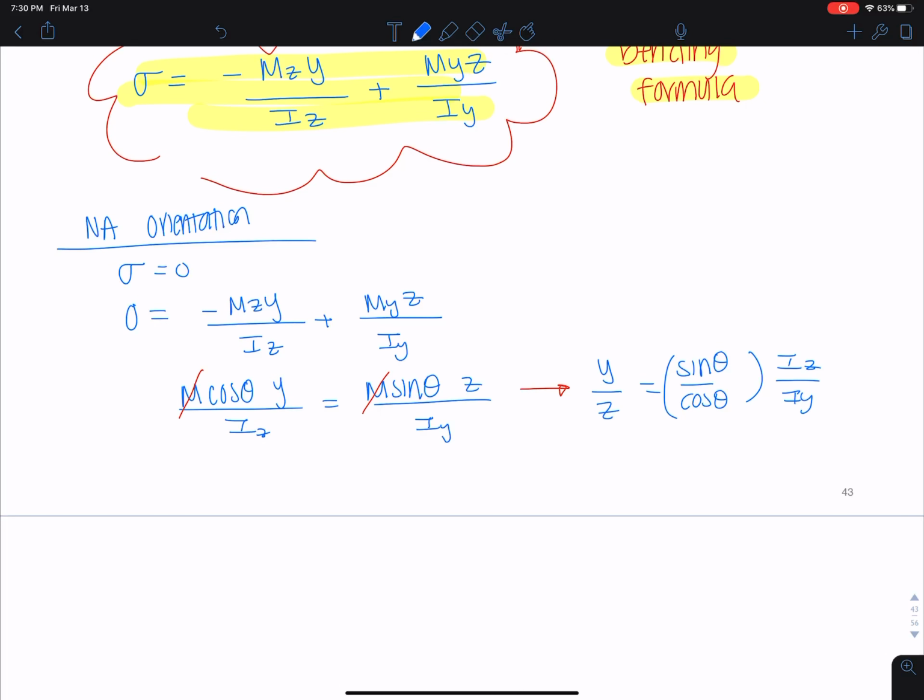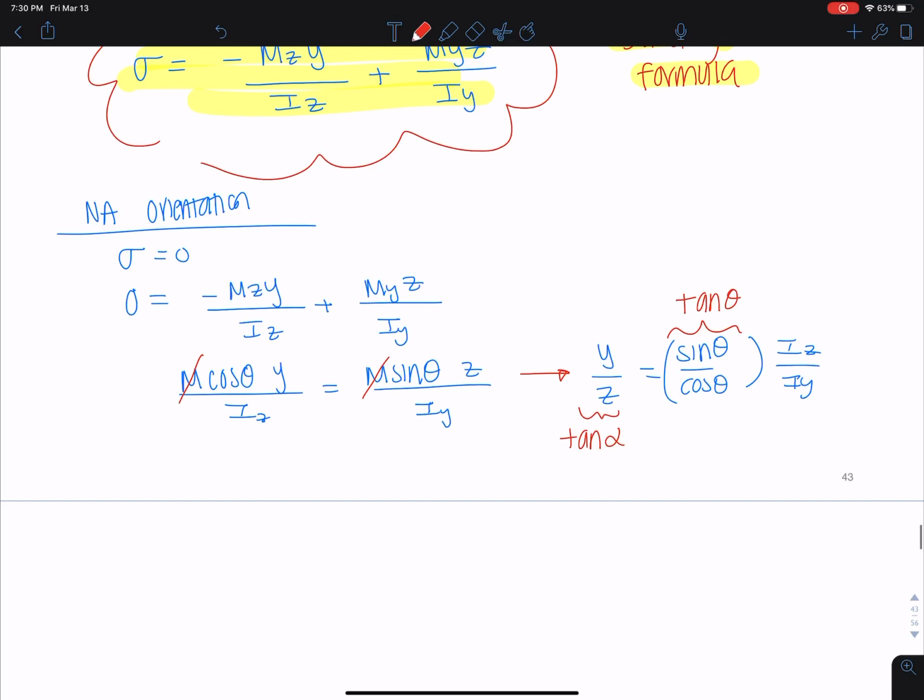And if we keep simplifying, we can call this quantity, y over z, some tangent alpha. This here is tangent theta. And we get this function that tangent alpha equals tangent theta times Iz over Iy.